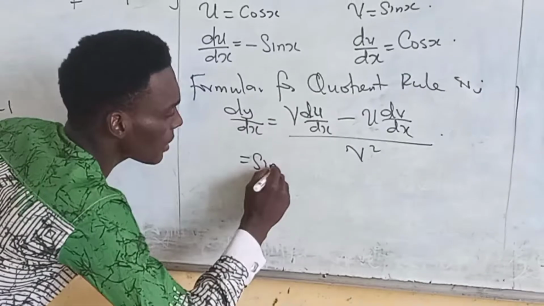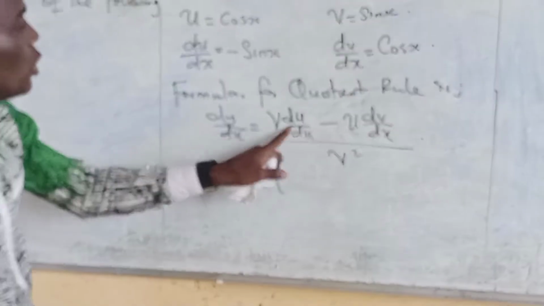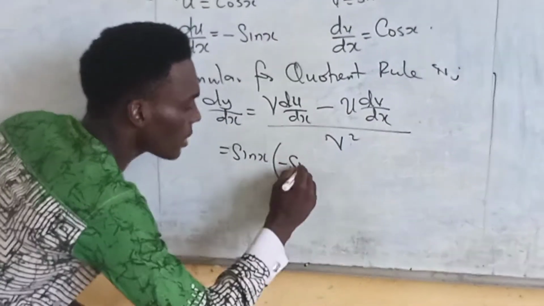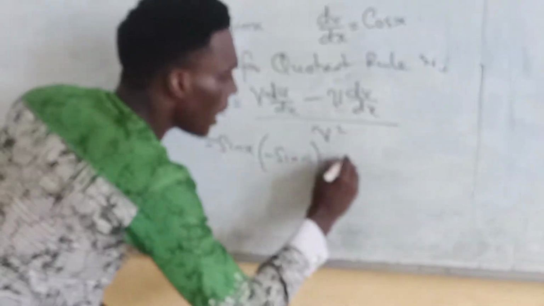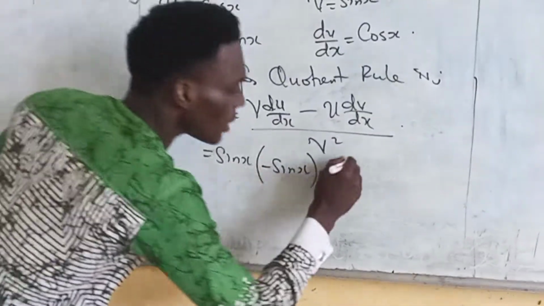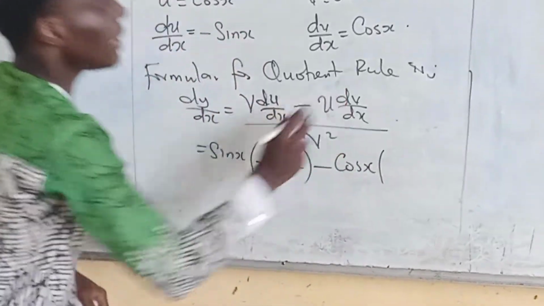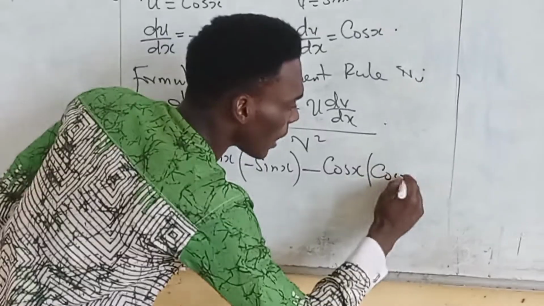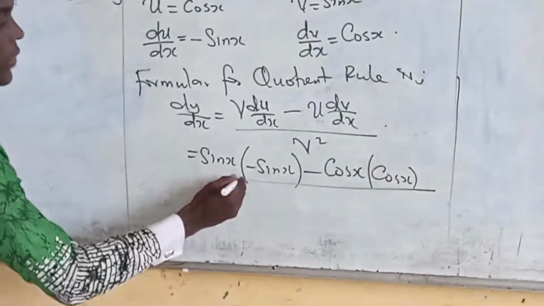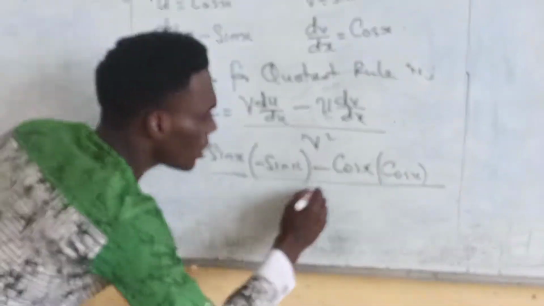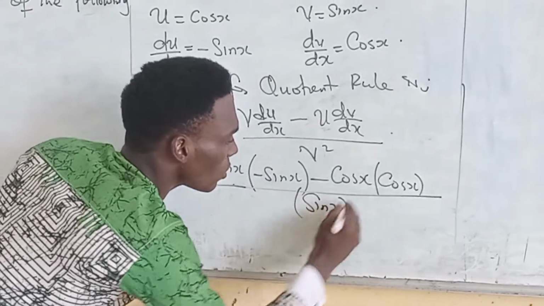So our v is sin x, then our du/dx is minus sin x, then minus our u, which is cos x, times our dv/dx, which is cos x, divided by v squared. Our v is sin x, so sin x all squared.